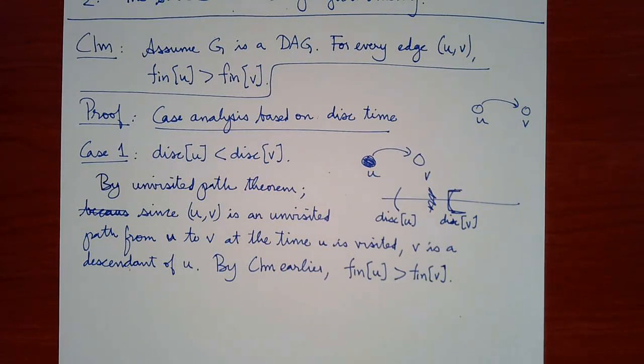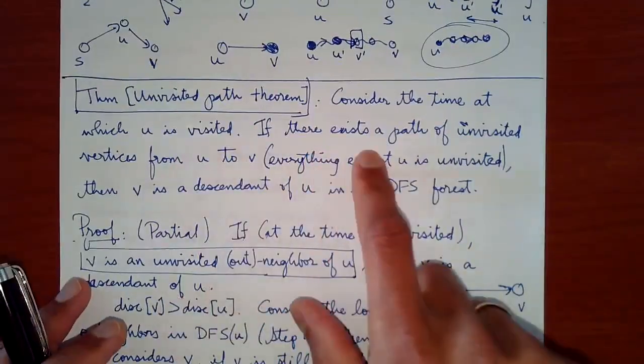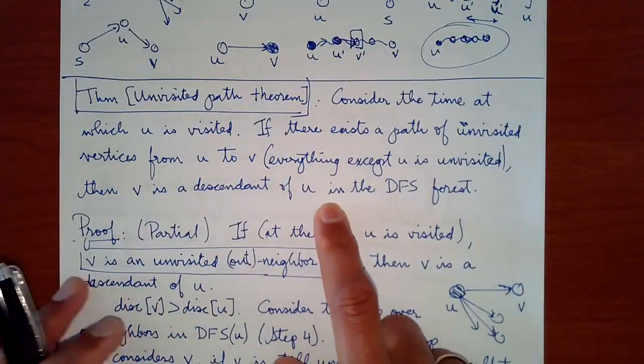So shouldn't we only be able to use the unvisited path theorem if we know for certain the finish time of U is greater than the finish time of V? No, the unvisited path theorem says consider the time at which U is visited. If there exists a path of unvisited vertices from U to V, then V is a descendant of U.